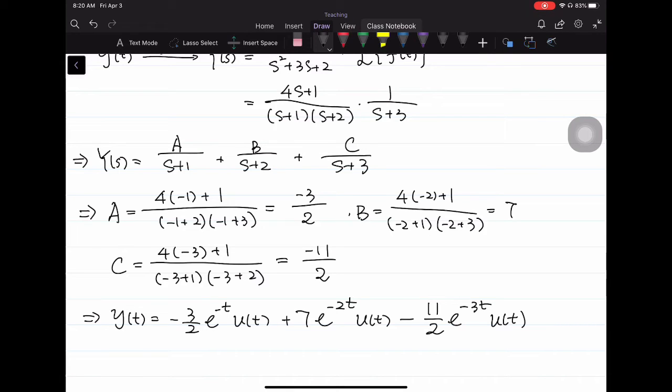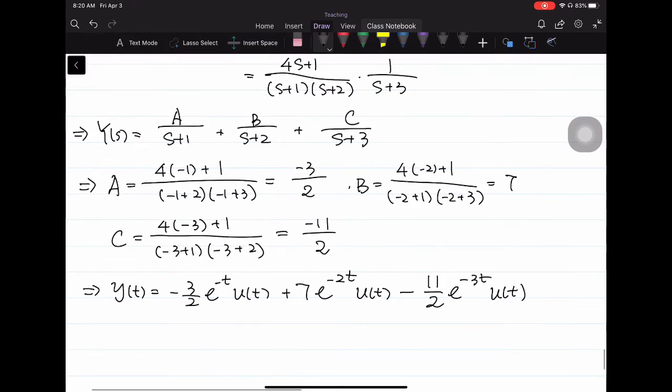And there you have the zero input response. In chapter 2, we can also do this. In chapter 2, we solve the zero state response using convolution, and most of us do that through the convolution table in the textbook.